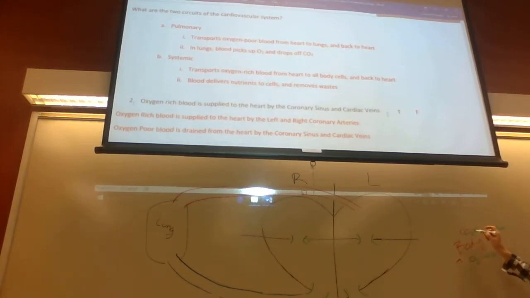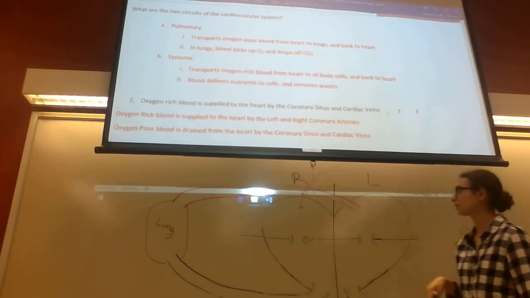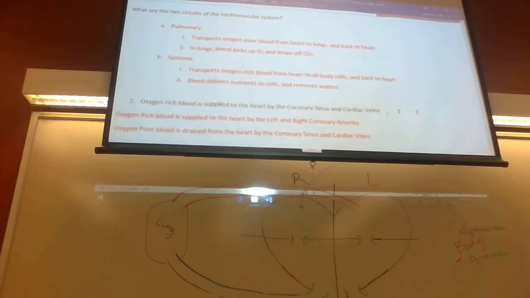And then carbon dioxide will go to the right atrium through either the superior or inferior vena cava. So that's what the systemic circuit is. It's your whole system. That's what that description is talking about, if you're there yet.